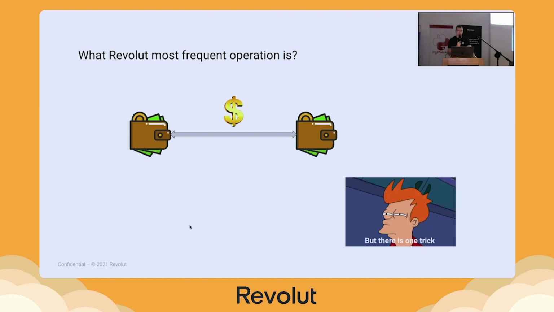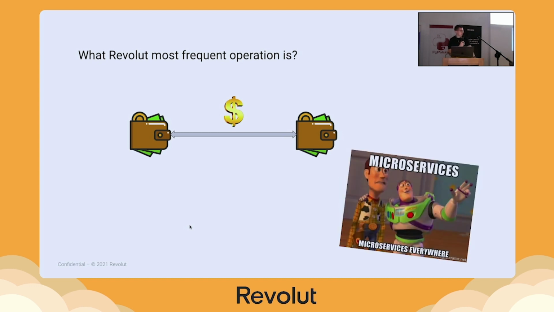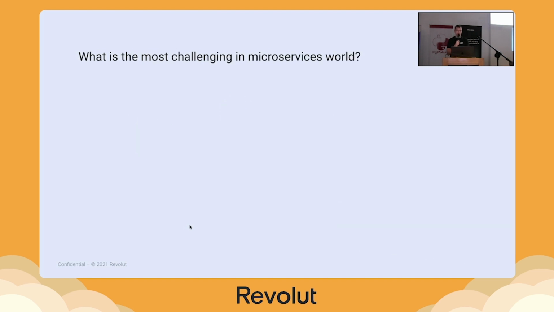But there is unfortunately one trick. As my colleague Tomasz mentioned, we are event-driven. So there are microservices, a lot of microservices, and they are everywhere. Then, how do you think? What is the most challenging in microservices world?